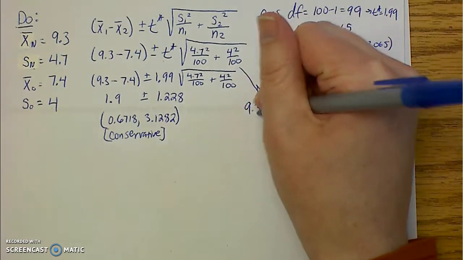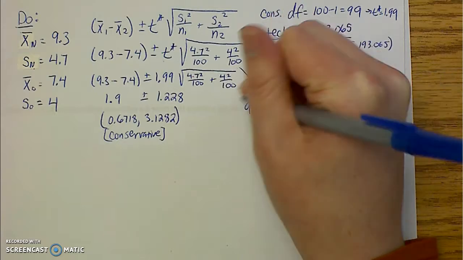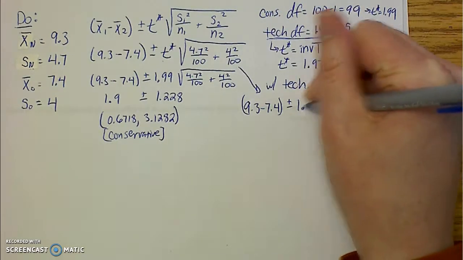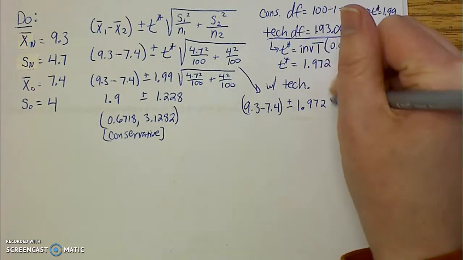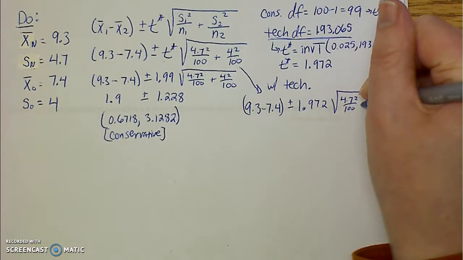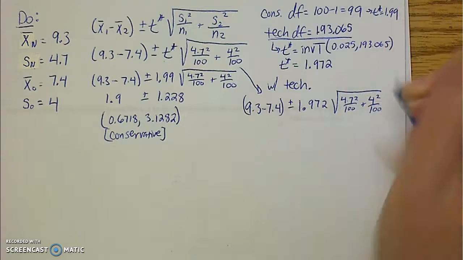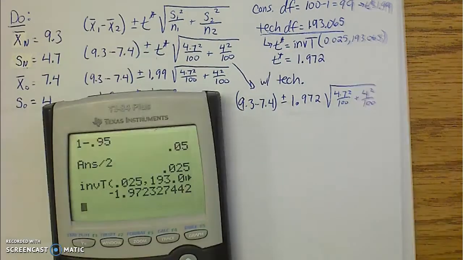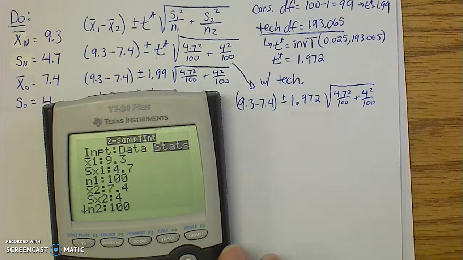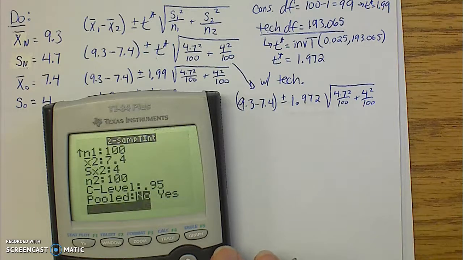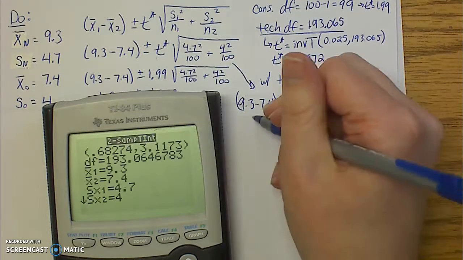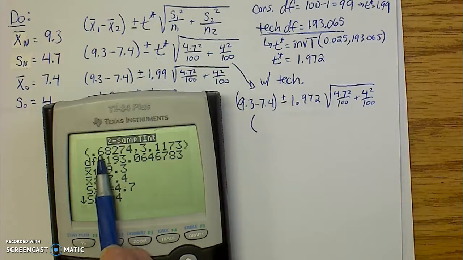So 9.3 minus 7.4, all the recopying, use my new critical value. And then I got my answer, not having to do any math, but just using my calculator. So that's still there. Calculate that. Thinking, thinking, thinking.